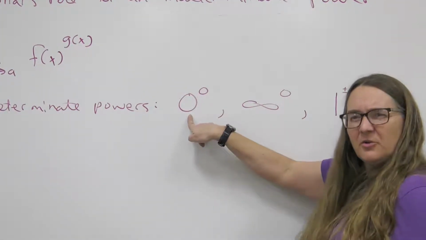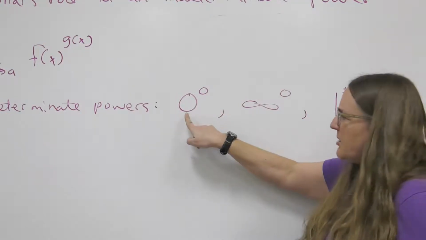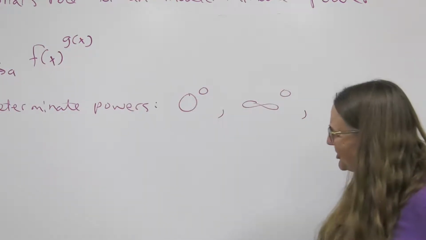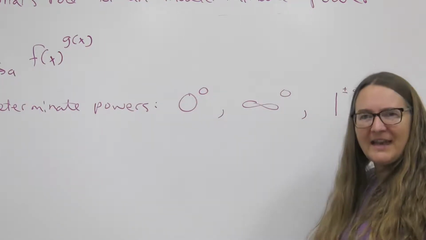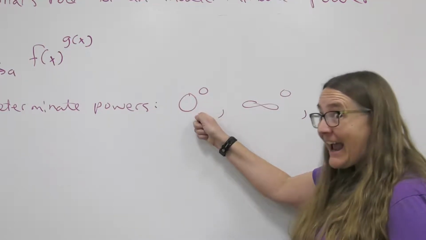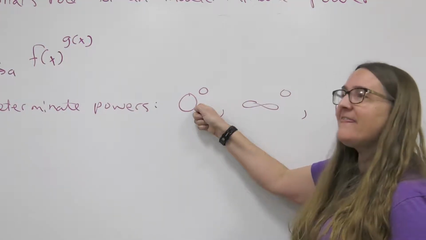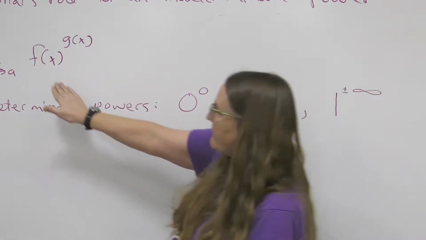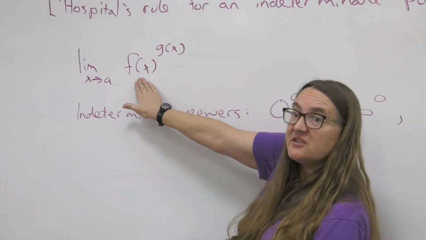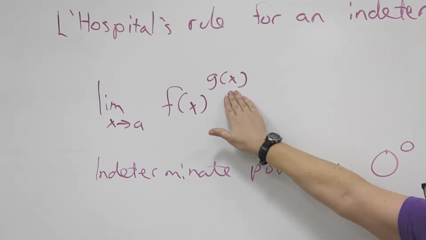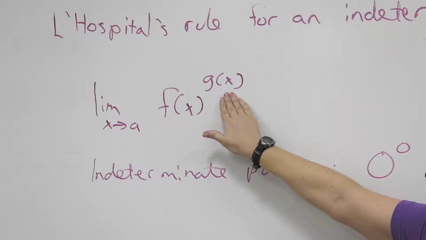So the base being 0 makes me think this should be 0. But I know that anything to the 0 power is 1, so the exponent being 0 makes me think this should be 1. So I'm getting some conflicting information. Now, if I have exactly 0 to the 0, that is 1. But if I have a limit where I've got one function in the base position that's going to 0 and a second function in the exponent position that's going to 0, that's an indeterminate form.